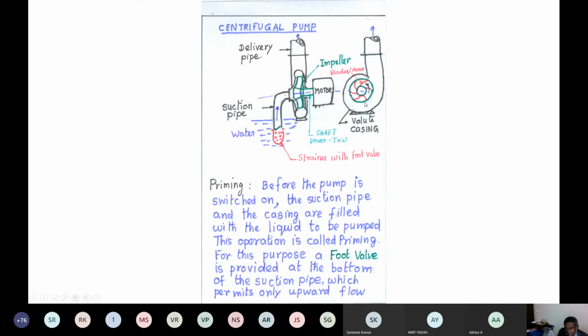This casing has a very peculiar shape. It's called a volute casing or spiral casing. You will see that the cross-sectional area will go on increasing from some point here to delivery.